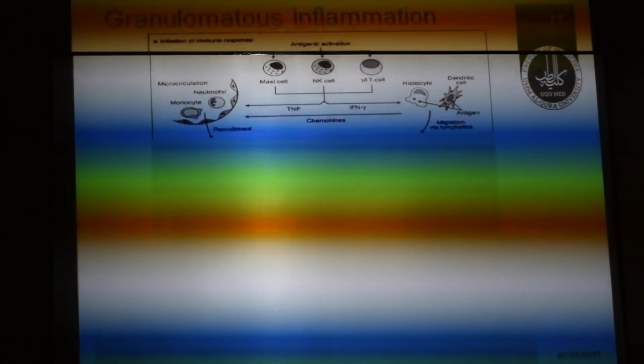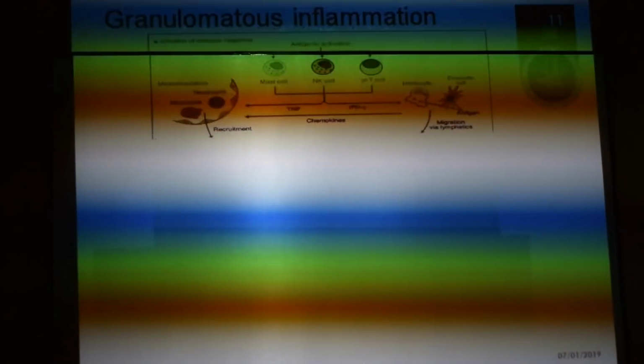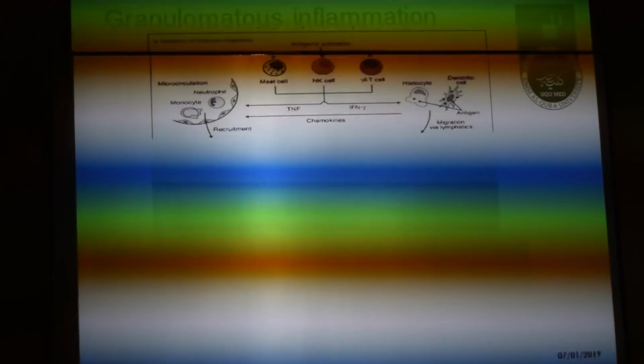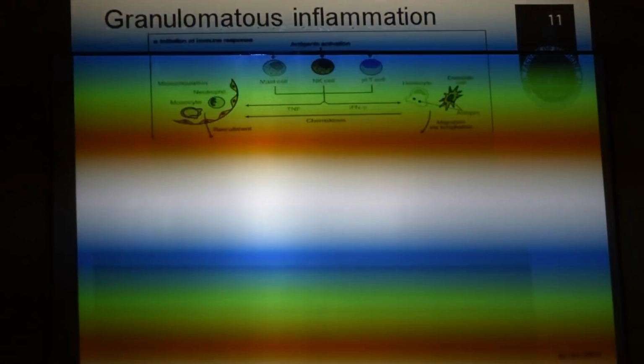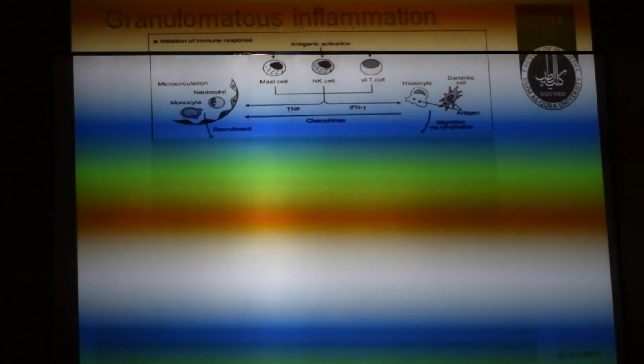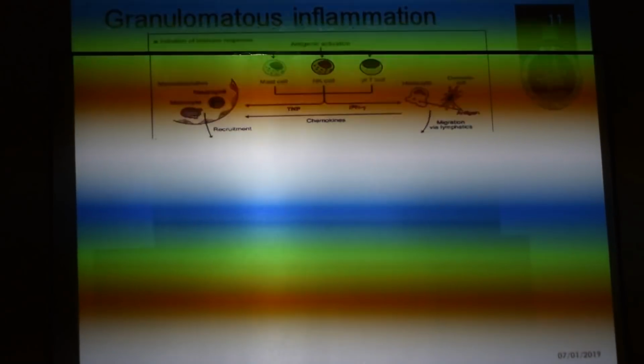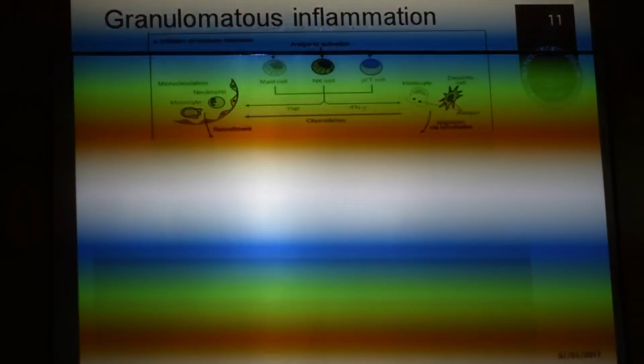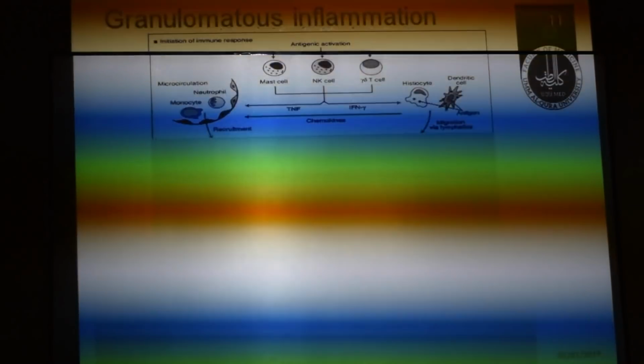Now, what is common to both of them is two different sets of cells. Natural killer cells and gamma delta T cells are the ones who initiate the process of granuloma. So one is the initiation of granuloma, and then finally what you get in the end is granuloma formation. We'll see how it takes place.